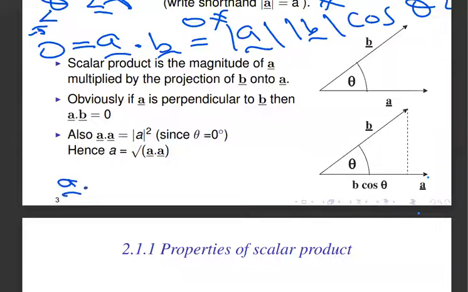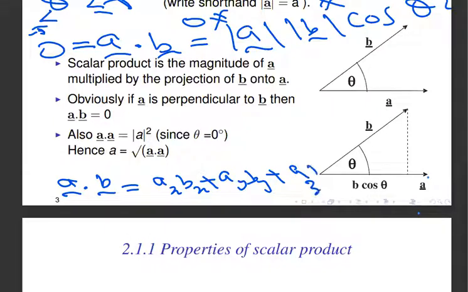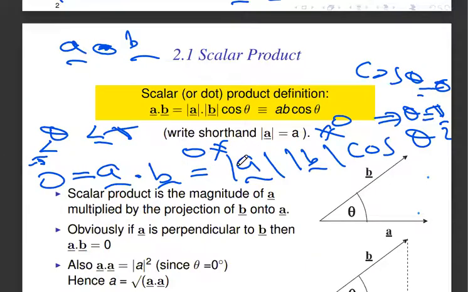A dot B is the same as AX BX plus AY BY plus AZ BZ. So you can use either definition, right?